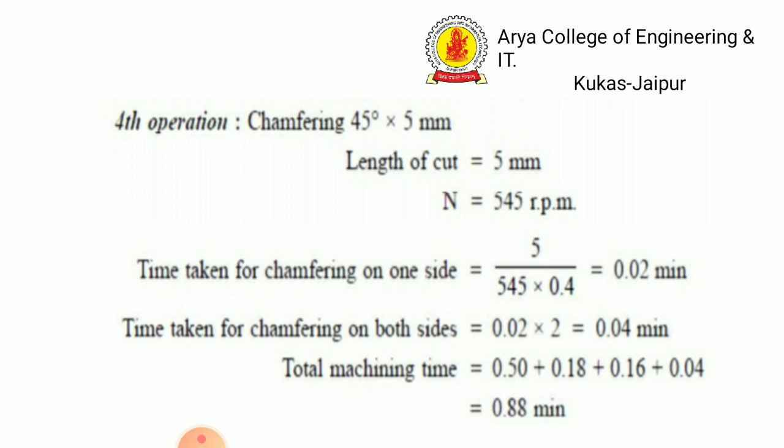So total machining time in these operations equals 0.5 plus 0.18 plus 0.16 plus 0.04 equals 0.88 minute. So 0.88 minute is the time to complete the whole operation. We adopt this method for different operations on the lathe. Thank you.